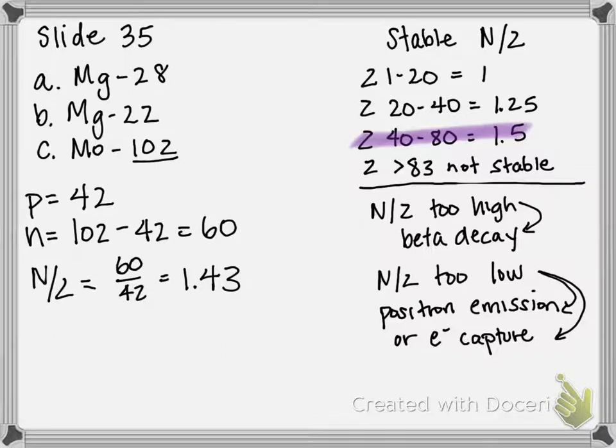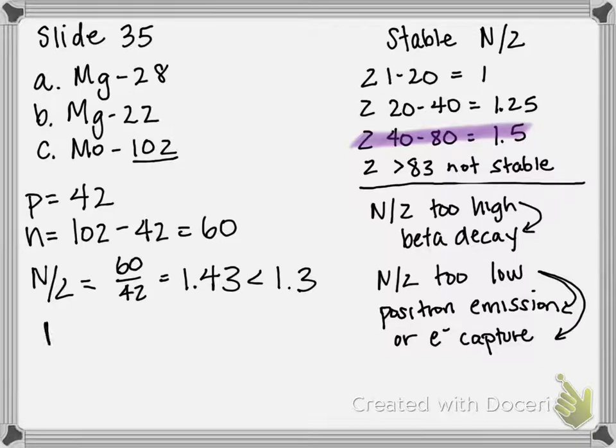So, 1.43 is technically smaller than 1.5, but this one's a little tricky in your textbook or in your PowerPoint slide. If you look at the valley of stability, it's not exactly 1.5 for elements 40 through 80. This one is actually approaching roughly 1.3. So 1.43 is bigger than 1.3.